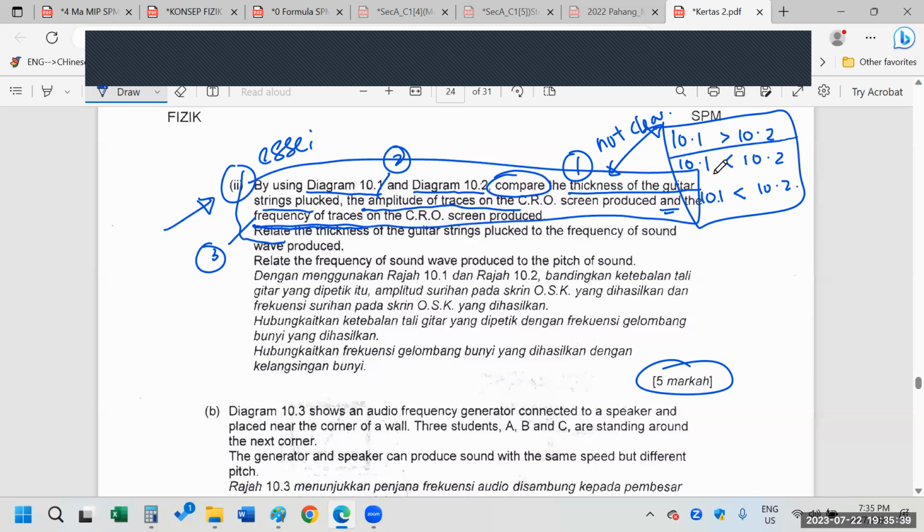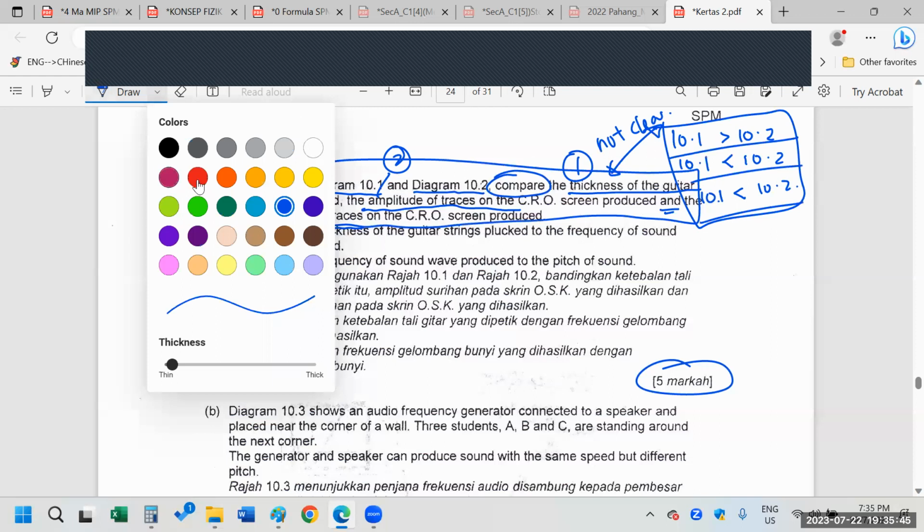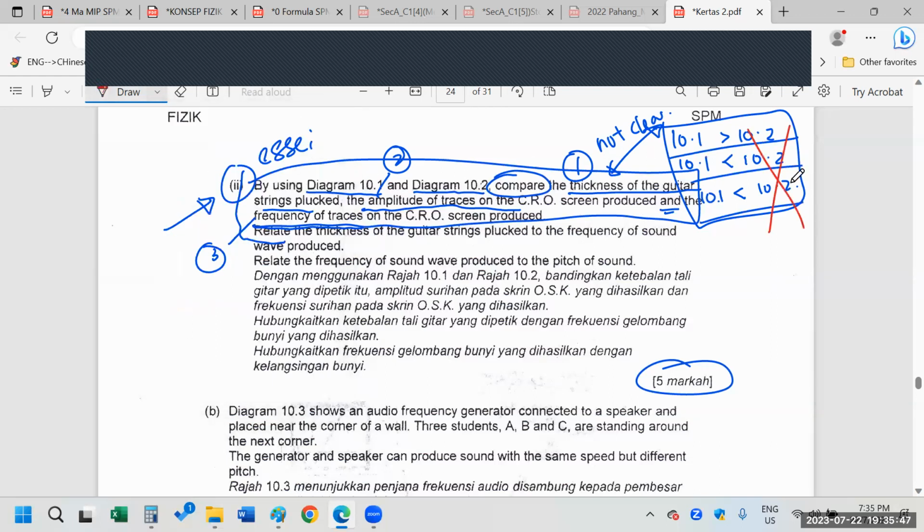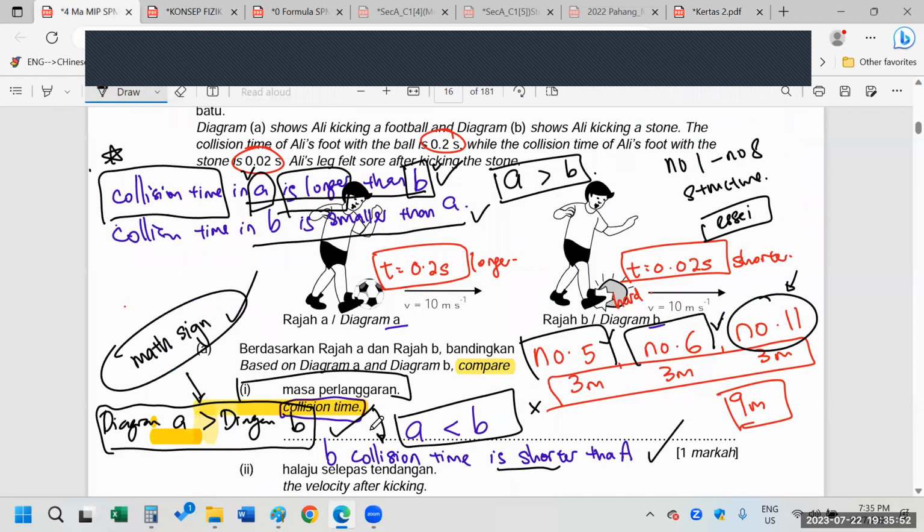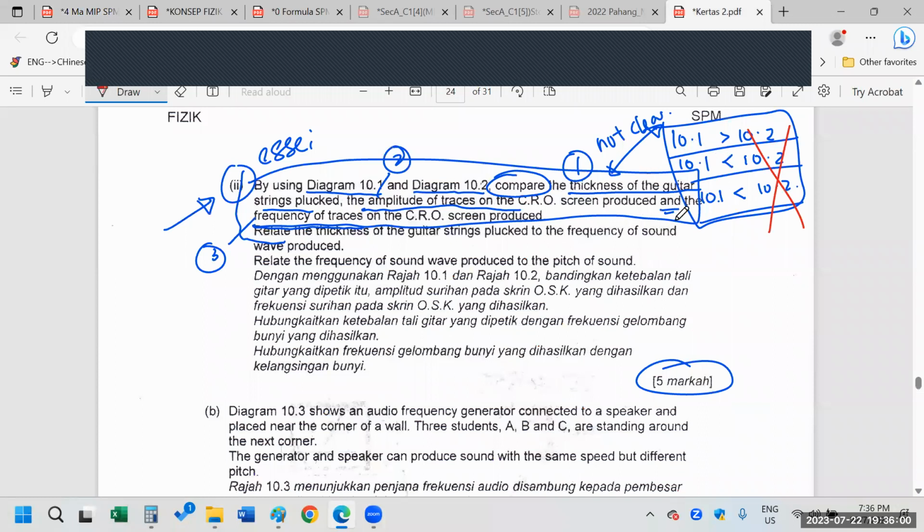If you write like this, which one pair, which one? So we consider this wrong. If you want to write here, can, because this question only has 1 answer, but this question has 3 answers.